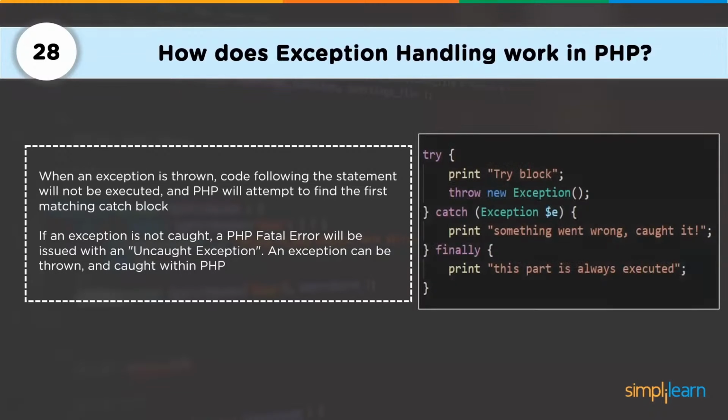So we use this try and catch method to try the code, and if an exception occurs we can throw it, and the catch function will catch the exception. If we do not include the catch function, it will result in a fatal error.